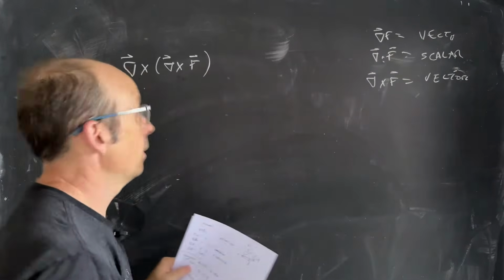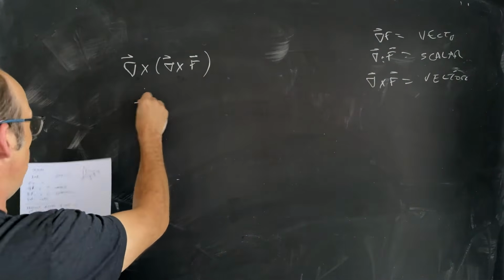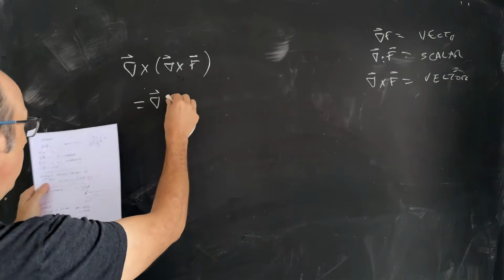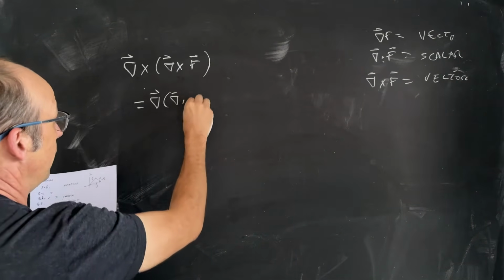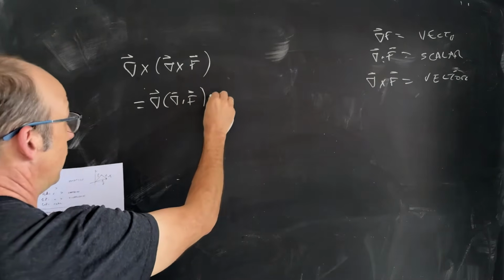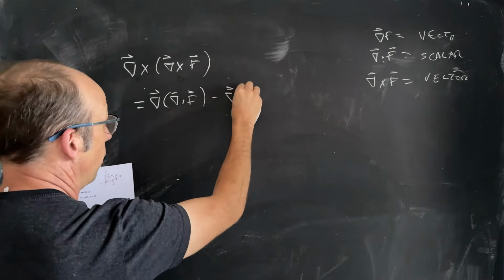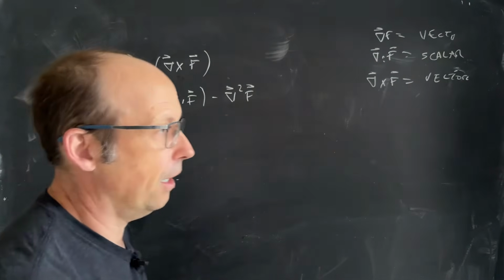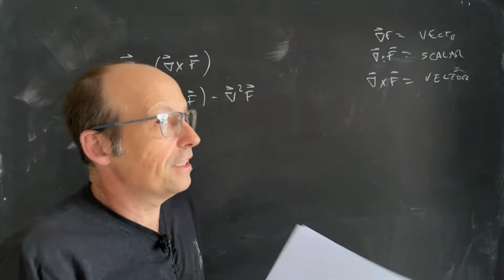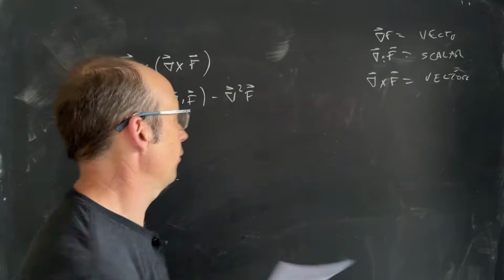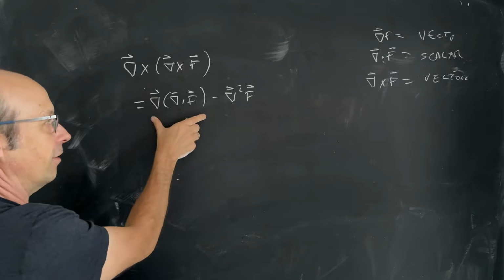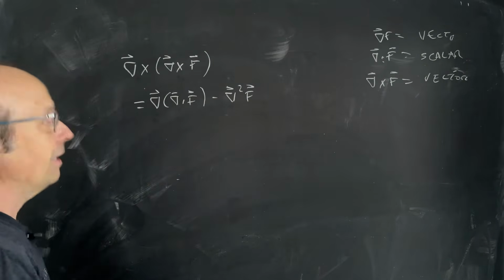You can do this, and it turns out to be equal to del of del dot f minus del squared of f. Now, this we call the vector Laplacian. In Cartesian coordinates, it's just using the second derivatives. But here we have the divergence and then the gradient of that. So this does give me a vector. That's a vector too. This just comes up.